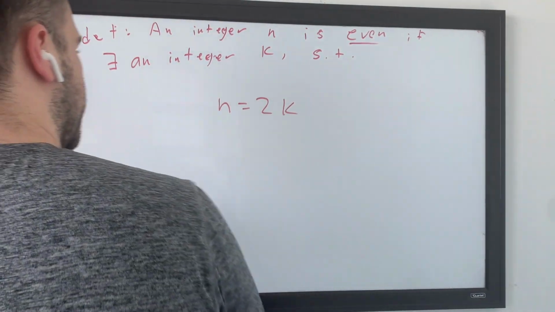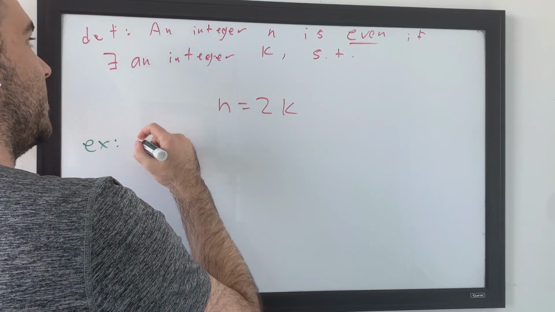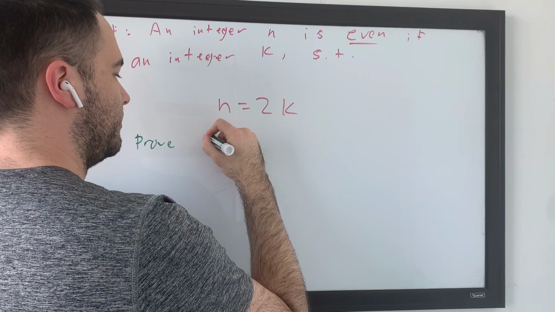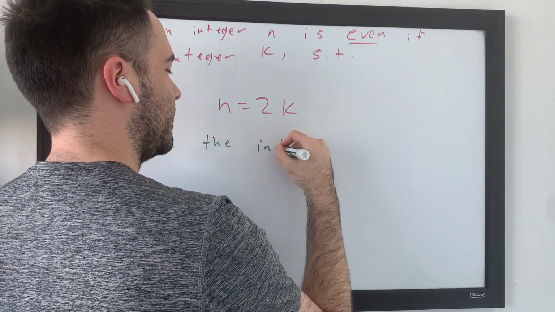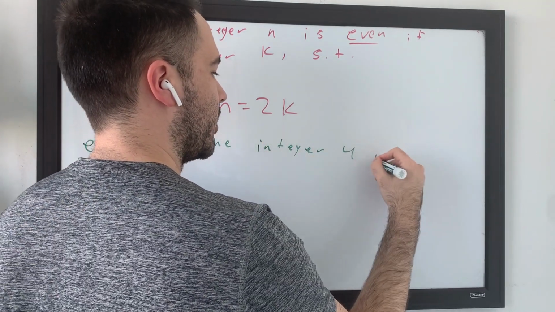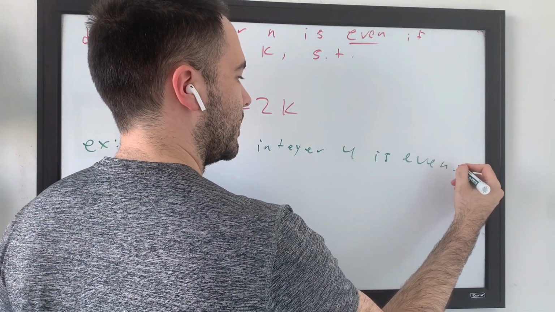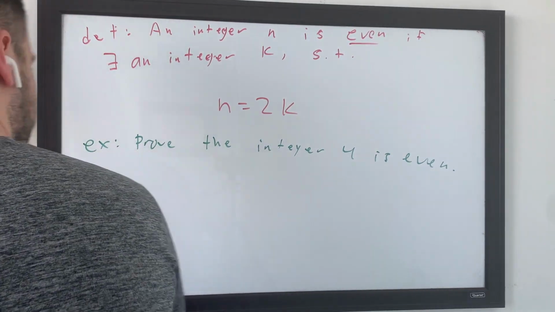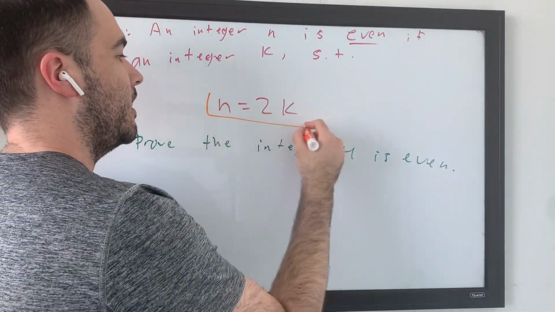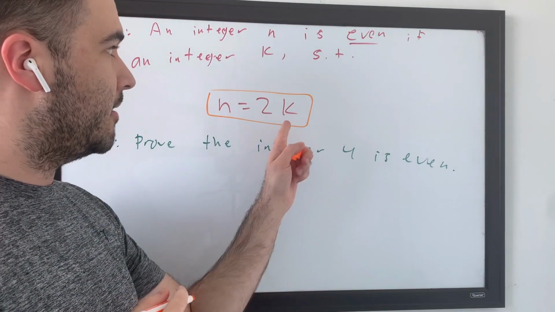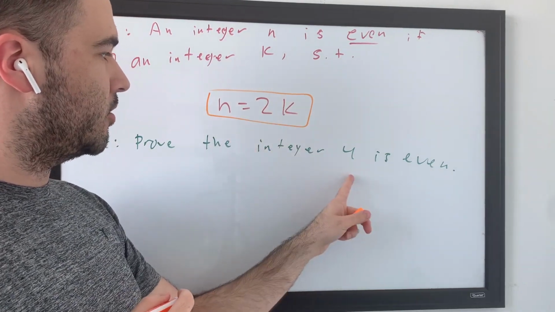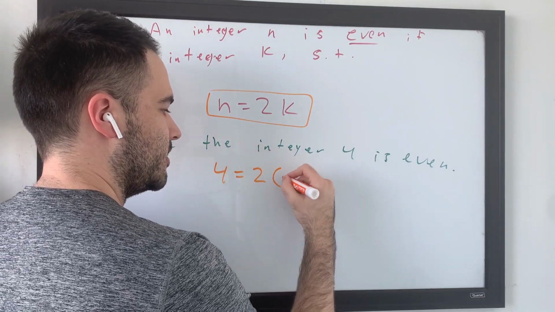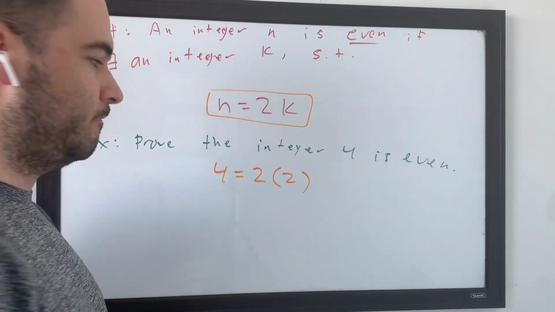The best example for this kind is if you get a question that basically says prove the integer 4 is even. How you will go about this is to say, okay, from the definition, I know I need to find another number, k, such that our integer here, 4, is 2 times that. So let's just take 4 and say that this is 2 times 2.